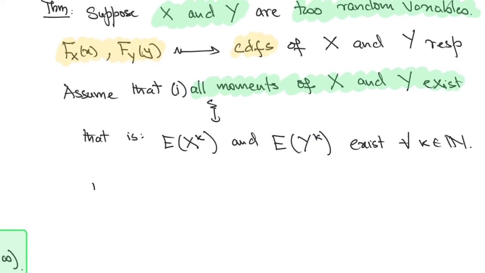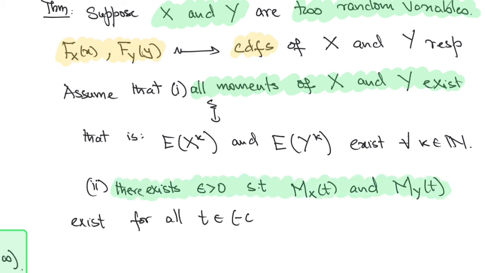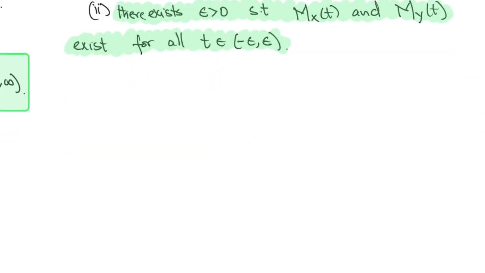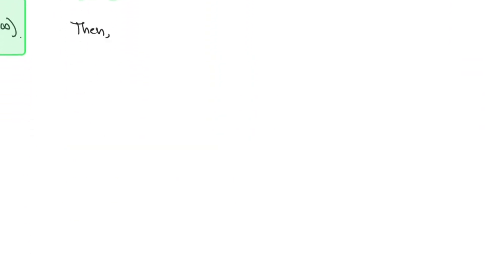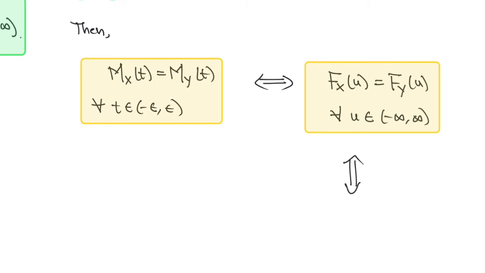The second important assumption is that there exists an epsilon greater than 0 such that the moment generating functions M_X(t) and M_Y(t) exist for all t inside the interval minus epsilon, epsilon. In this setting, the moment generating function for X is going to equal the moment generating function for Y if and only if the CDFs for X and Y are equal for all values of u inside minus infinity, infinity.